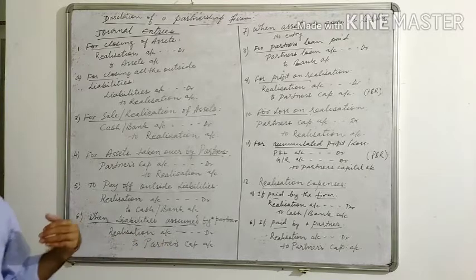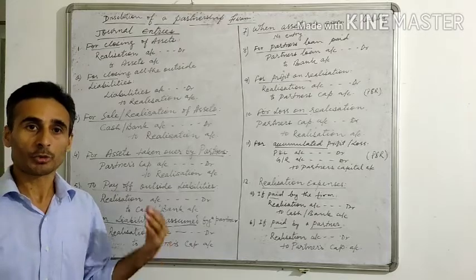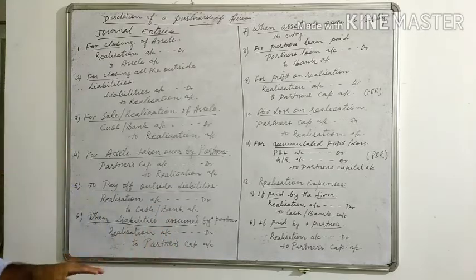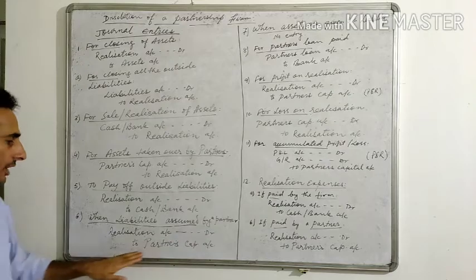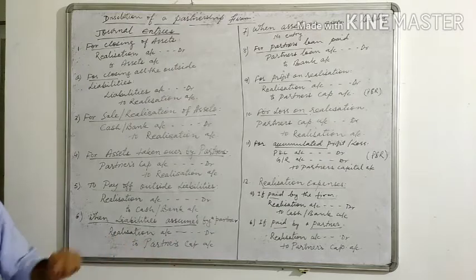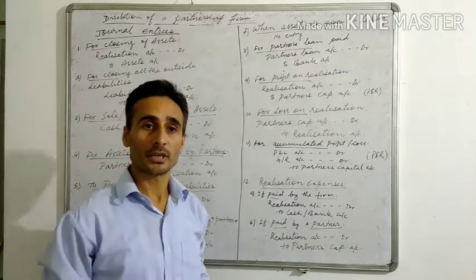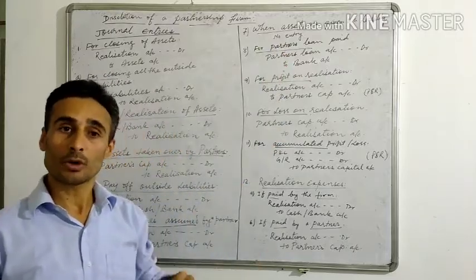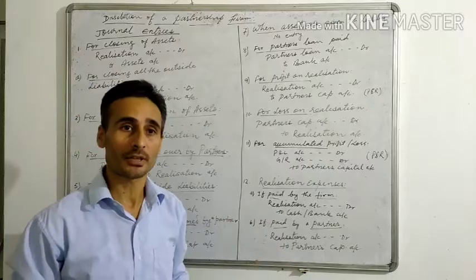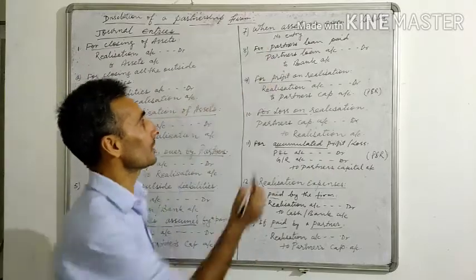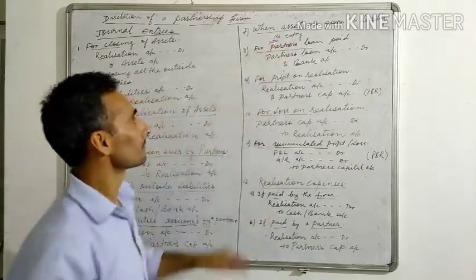Supposing sundry creditor is to be paid by A, then your entry is realization account debit to A's capital account. Next is when assets are given to a liability. That means liability is paid not in cash but by giving asset. Then there will be no entry for that. No entry for this.